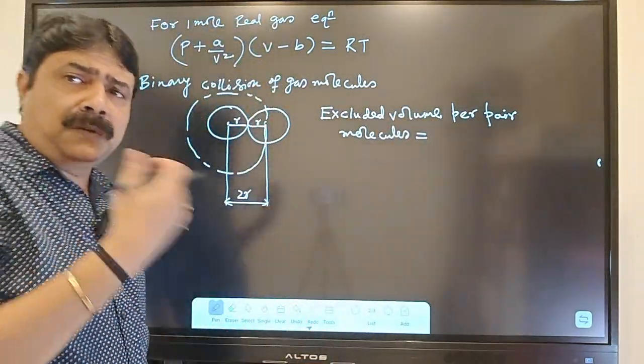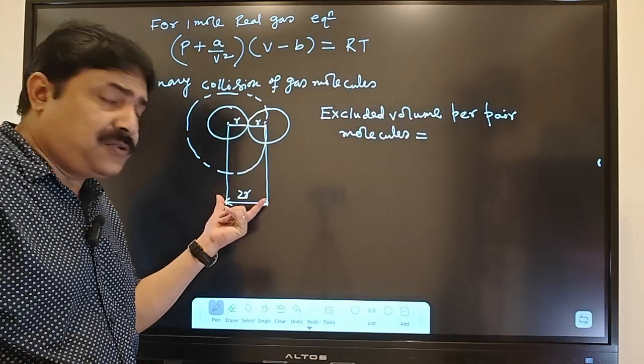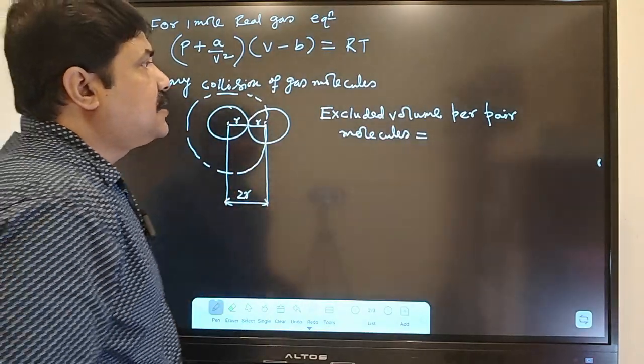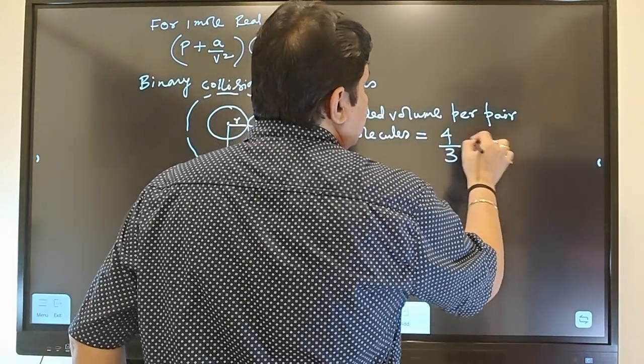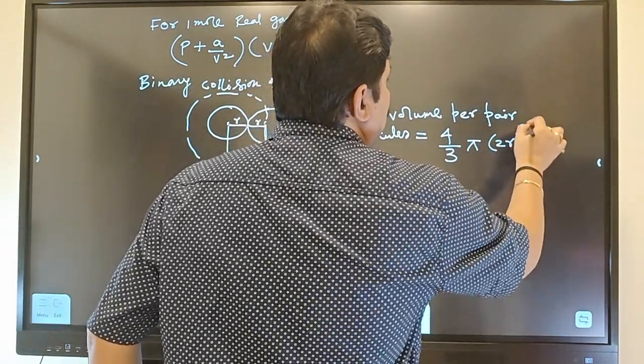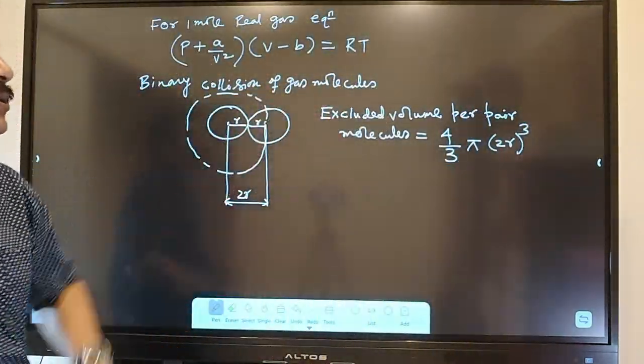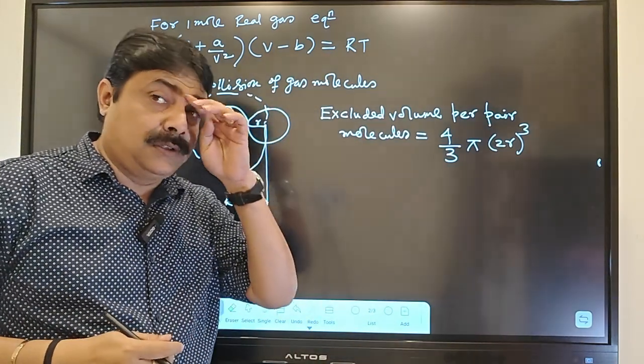You know the volume of the sphere, but here r equals 2r. So the excluded volume per pair of molecules is 4/3 pi (2r) whole cube.